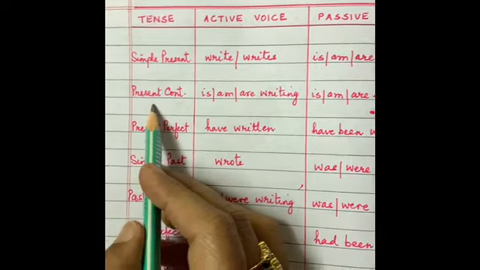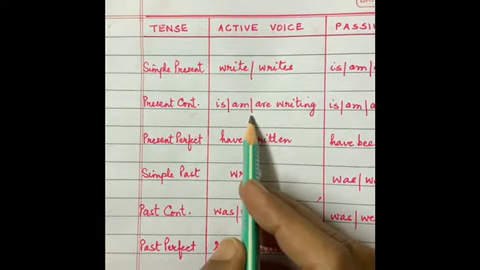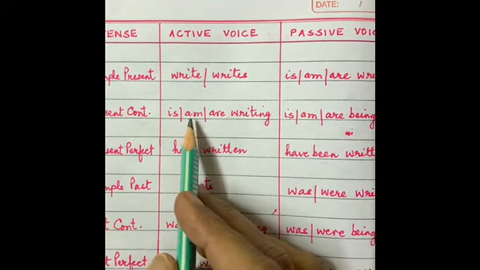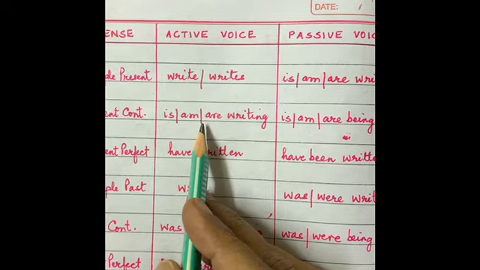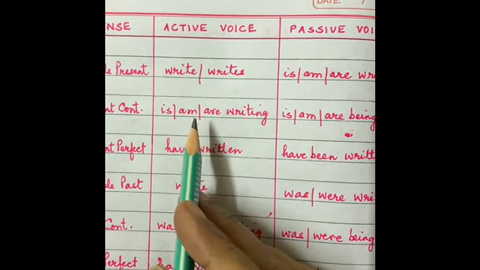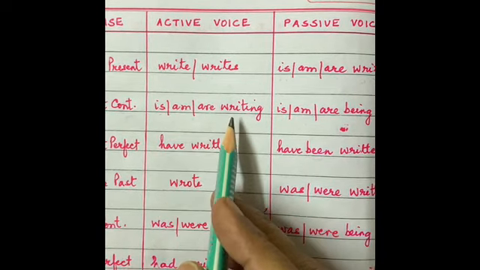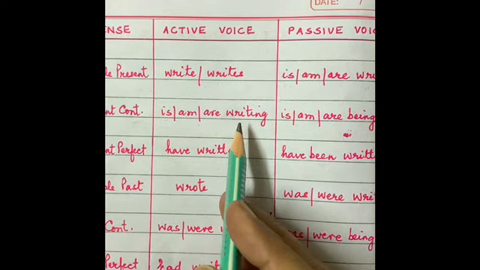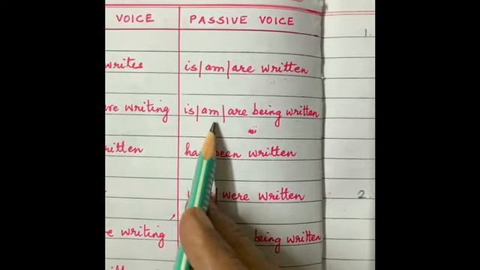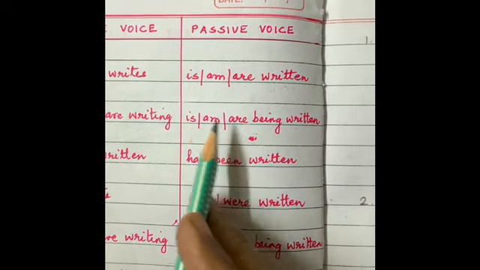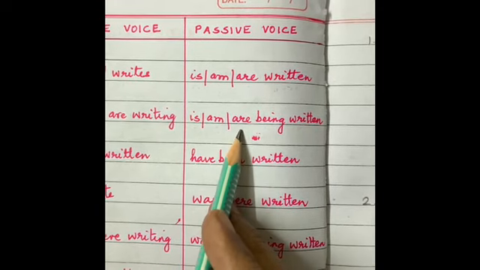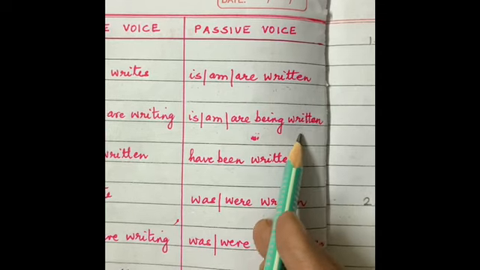Now for present continuous tense, in active voice we have is, am, are, depending on whether the subject is singular or plural, and writing. While in passive voice, we add being as a helping verb with is, am, are, and written.